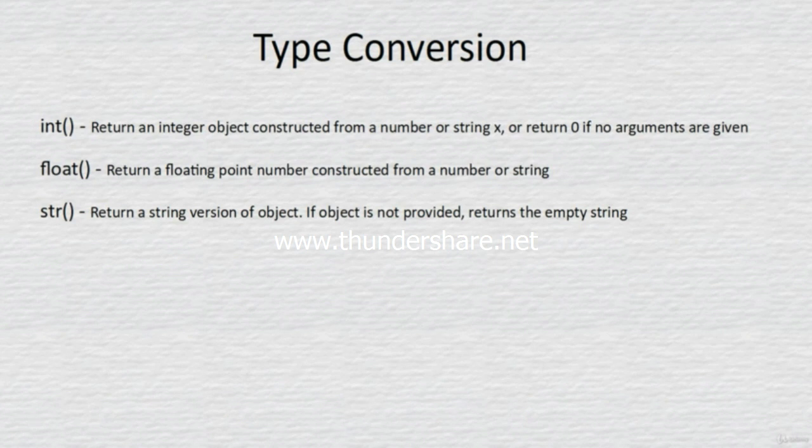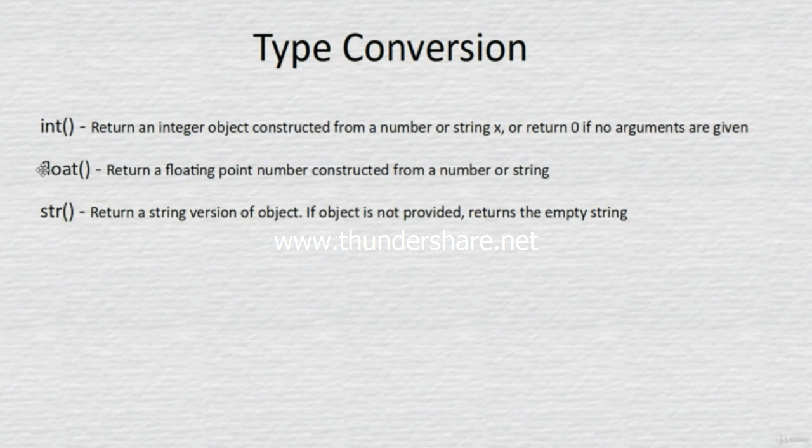Now I'd like to introduce you to a few methods to convert from one type to another. For example, you can use int, parentheses. This is a method. Don't worry too much about the syntax here. Just keep in mind, if you want to convert a number to integer, for example, convert a floating point number to integer, you can use int.